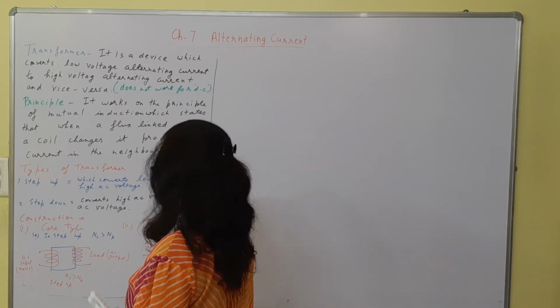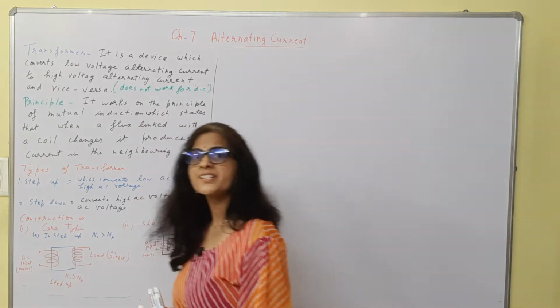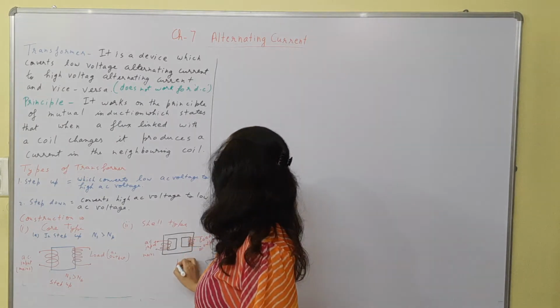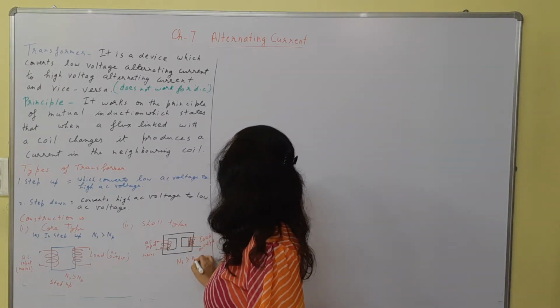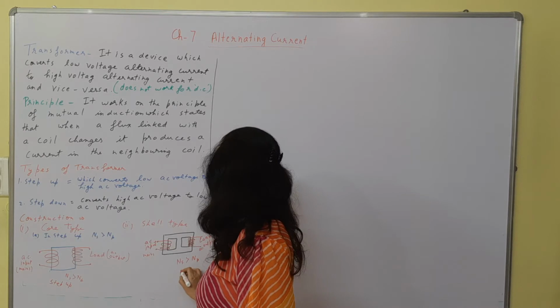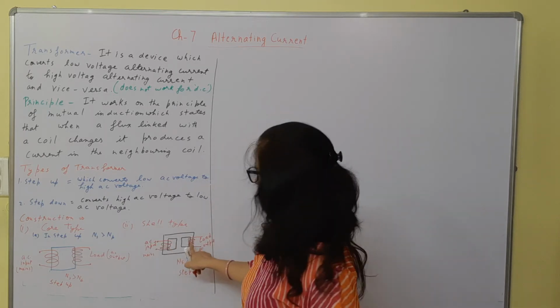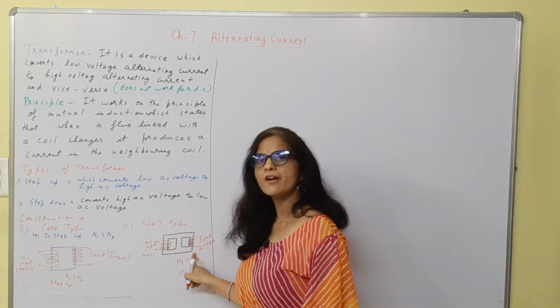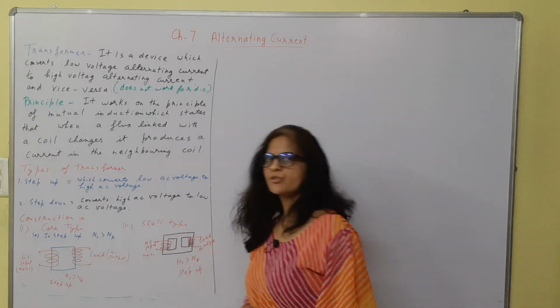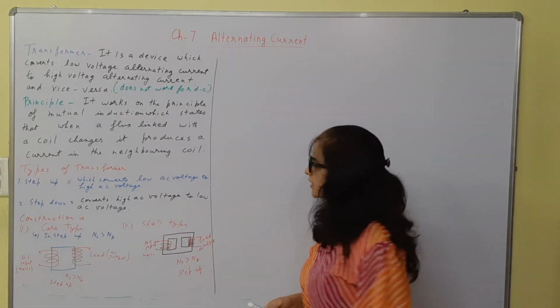So this is your shell type. In this case also the number of turns in secondary is more, so we can say that this is step up. In case I had drawn fewer turns in the secondary, then this would have been step down. In this case also the same thing applies.